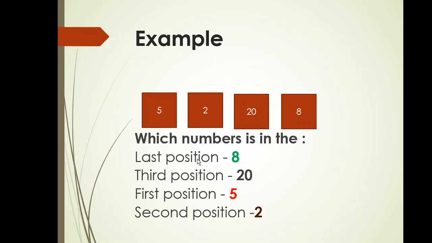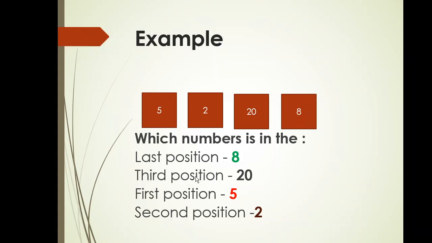Here we can see that the last position here is this one. Like the first position we have 5. The second position we have 2. The third position we have 20. The fourth position that we can also call our last position, we have 8. So the last position we have 8.